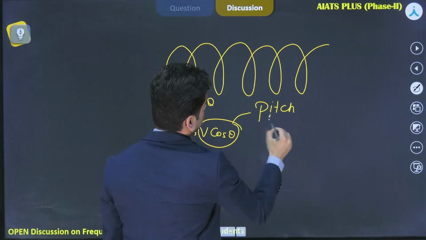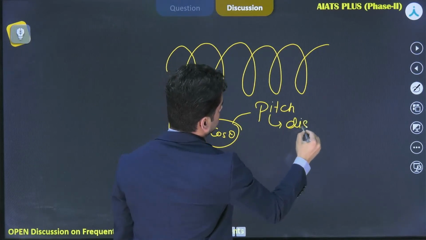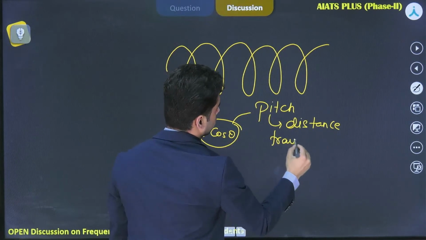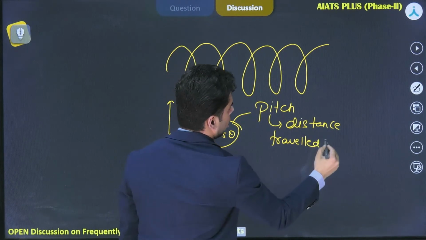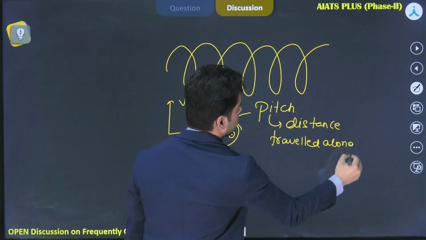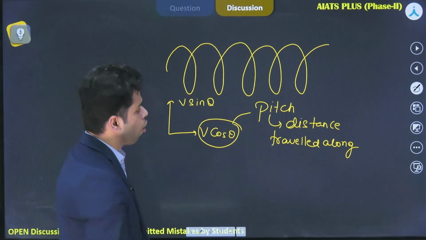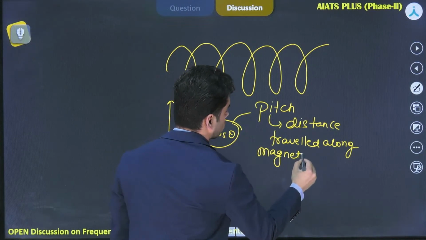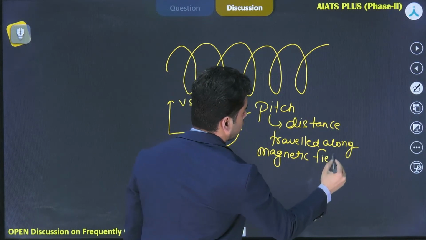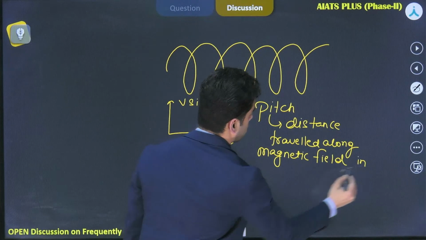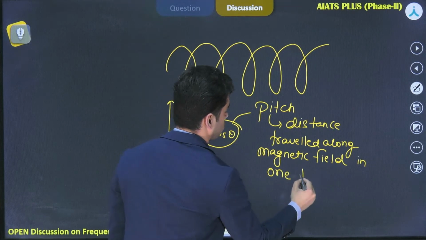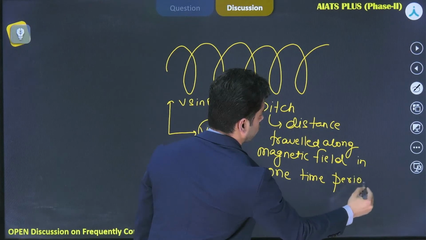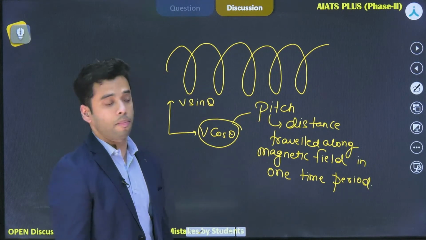And what is pitch? Distance traveled along the magnetic field in one time period. Right?